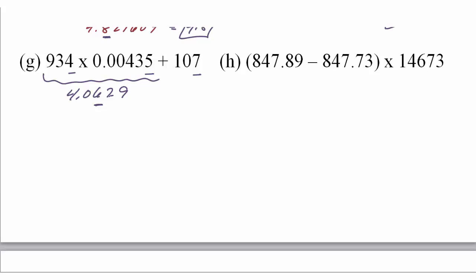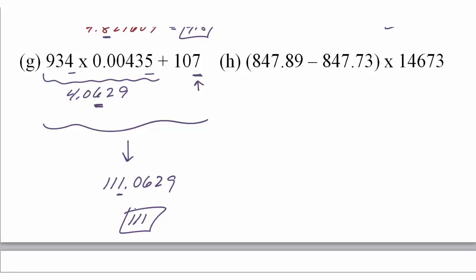So 4.0629 plus 107, the whole thing, I get about 111.0629. I have to report my answer. Here's the ones place. Here's the tens place. The worst resolution is definitely the ones place. So 111.